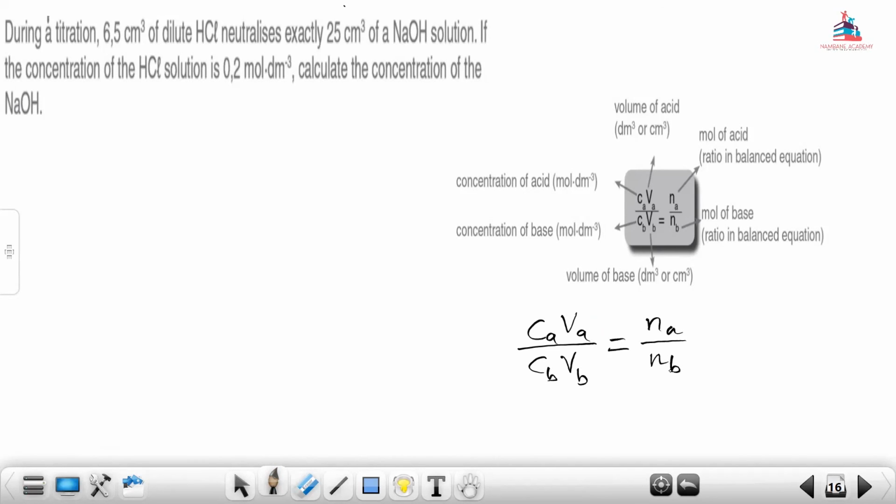So basically, if you check that, it says we need to get the mole of an acid.